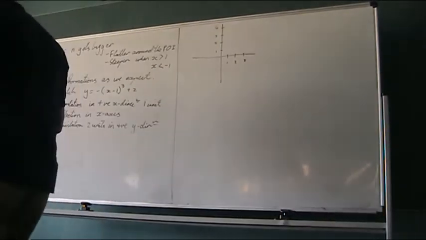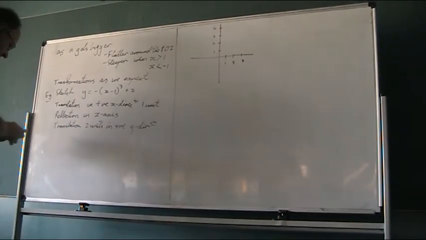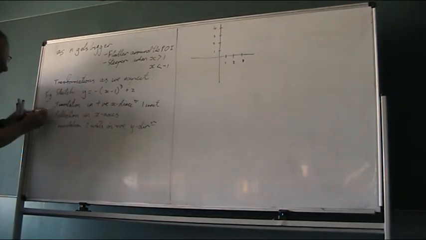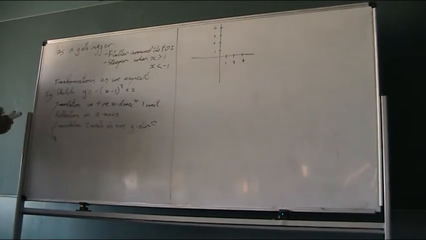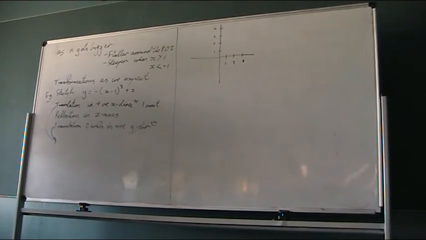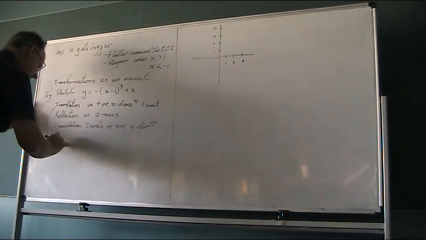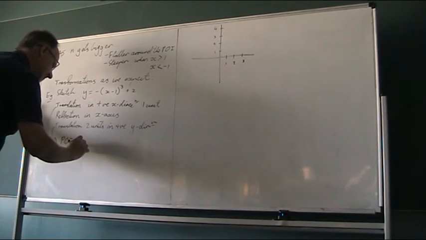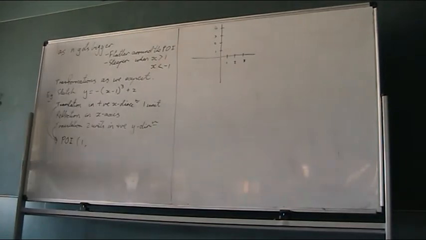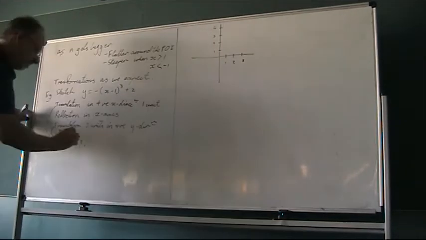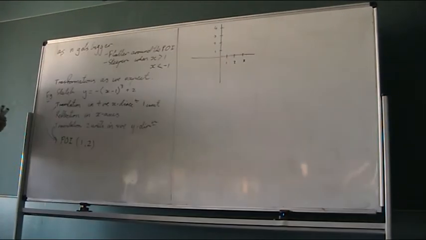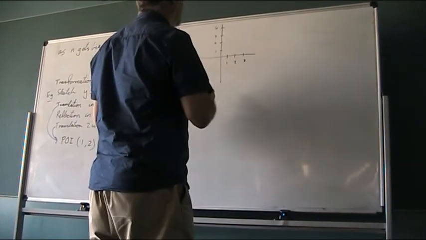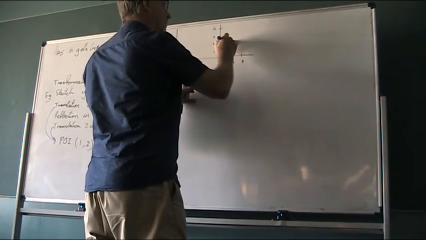Where is our point of inflection going to be? So these two things, when we put them together, tell us that our point of inflection will be where? 1, 2. Yep. So our point of inflection is going to be here at 1, 2.